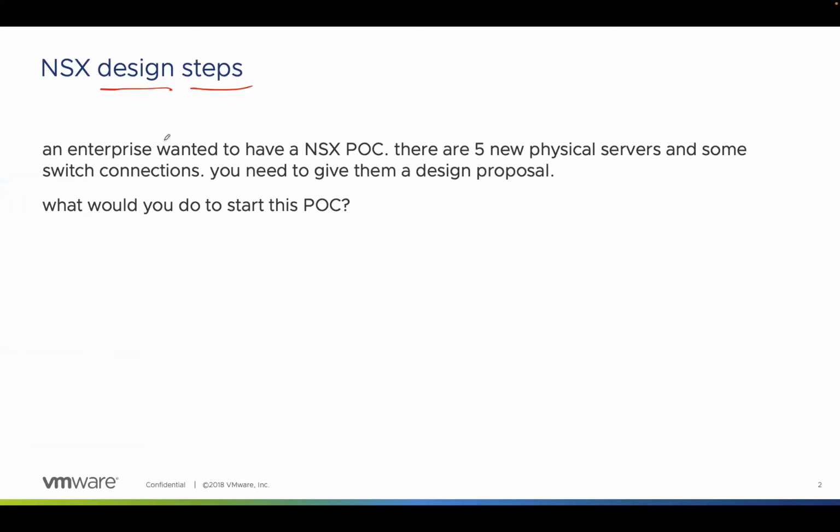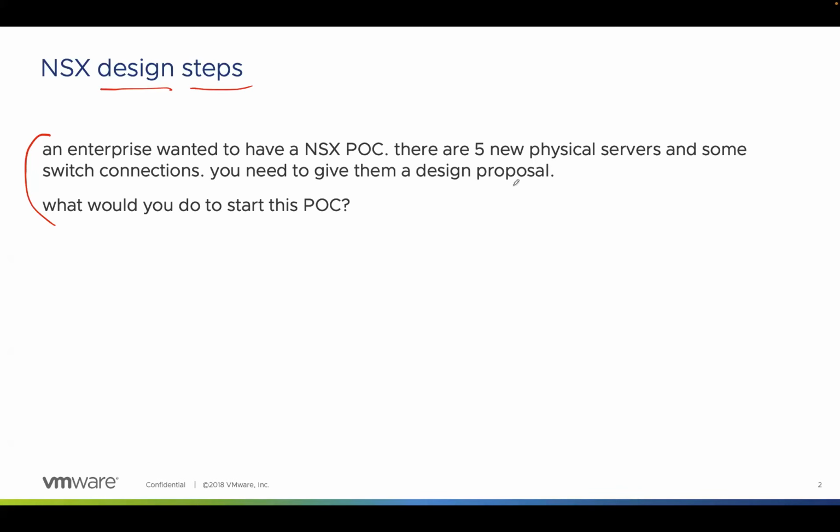Speaking of design steps, there's a question for an enterprise. They want to have an NSX POC or an NSX deployment. There are 5 new physical servers and some switching connections for you.